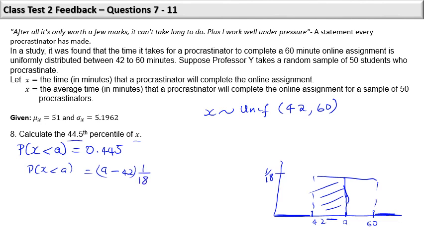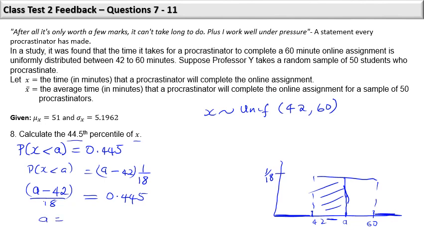But we've just said this probability is 0.445, so A minus 42 times 1 over 18 equals 0.445. So all I'm supposed to do to find that percentile is solve for A.